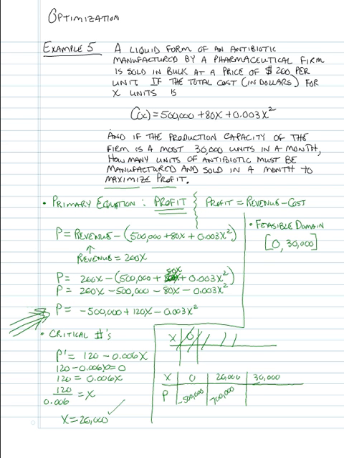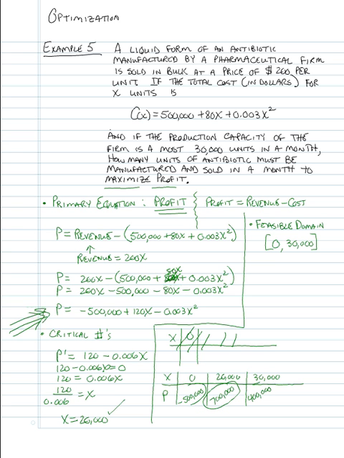And then we also need to check when we put 30,000 in. When we put 30,000 in for x, that's the number of units, into the profit function, we would calculate and get 400,000. Now, I remember a long time ago, I warned you that don't always expect at the endpoints that we're going to get 0. See, here we have an absolute minimum of negative 500,000. Of course, that's not what we're looking for. We're looking for a maximum.